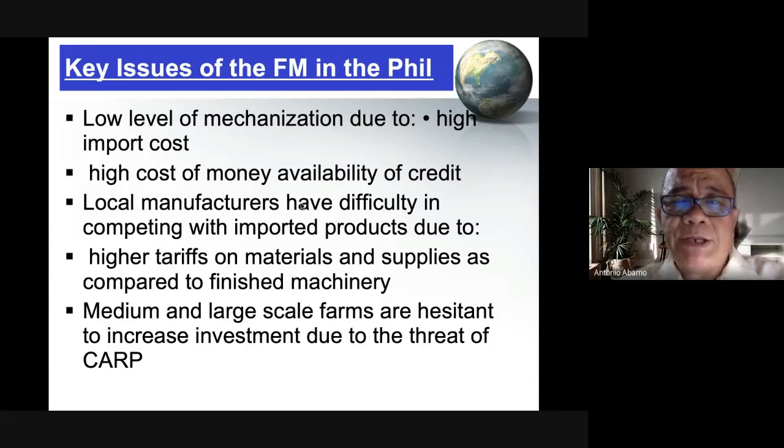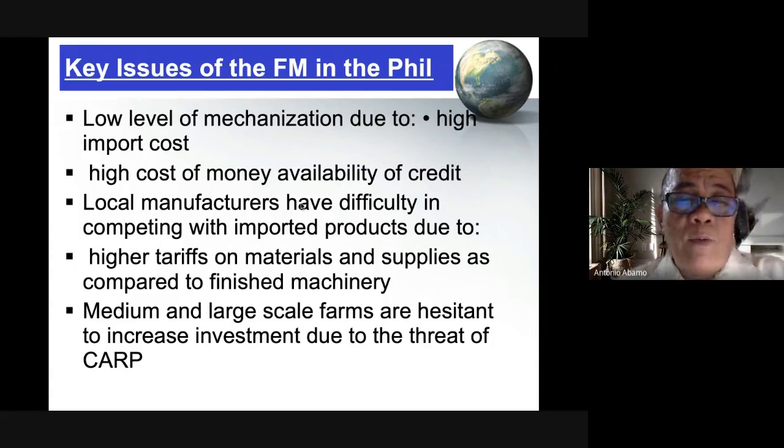Farm machineries have a required scale of operation, meaning they are designed for certain specific land areas. You cannot use a huge tractor on a very small land area.